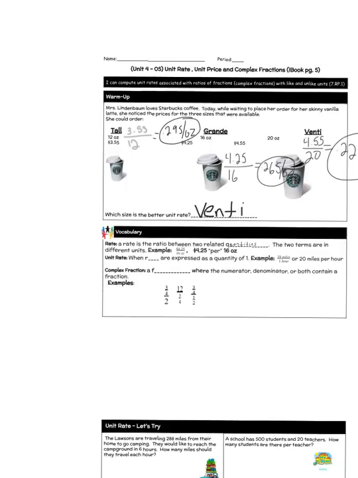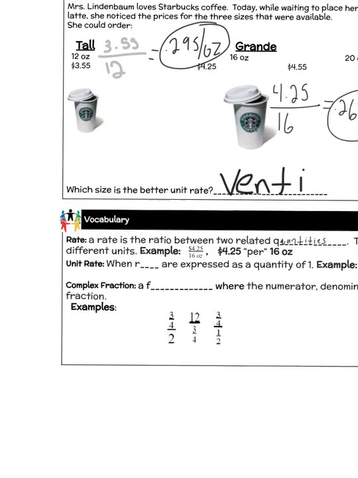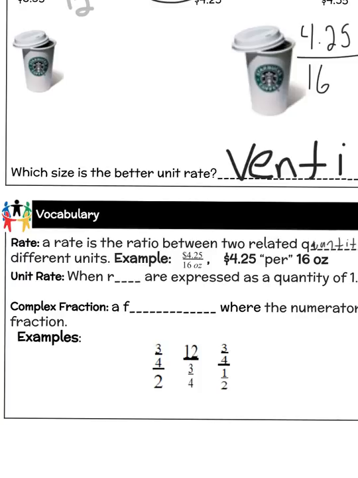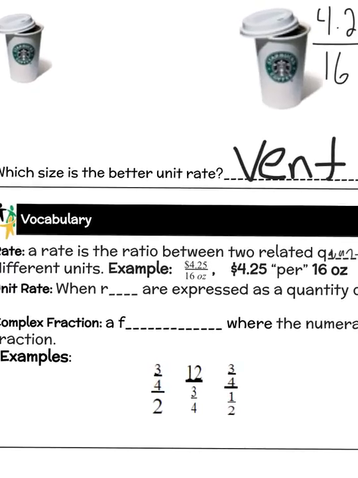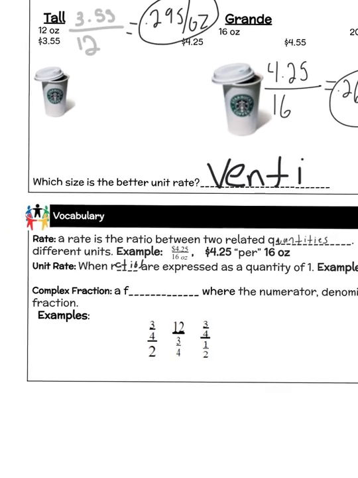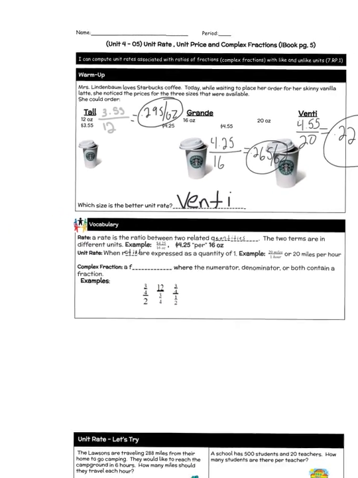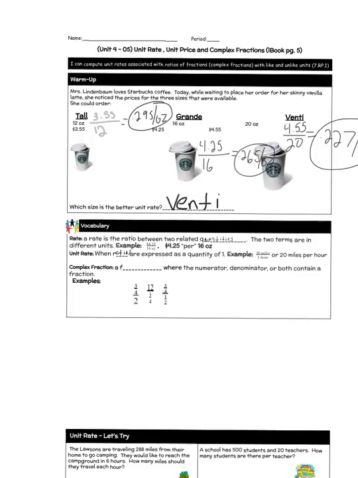This is comparing the $4.25 per 16 ounces. So for unit rates, this is when ratios are expressed as a quantity. Example, 20 miles in 1 hour or 20 miles per hour. So for the complex fractions, you can cross this part out. We're not going to worry about those right now.